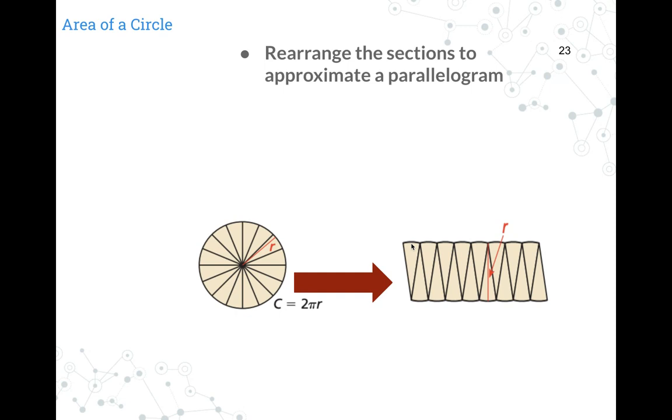If you could magically cut it into infinitely many slices, that's one of the ideas of pre-calculus called limits: as the number of slices approaches infinity, the area will equal the area of the parallelogram.